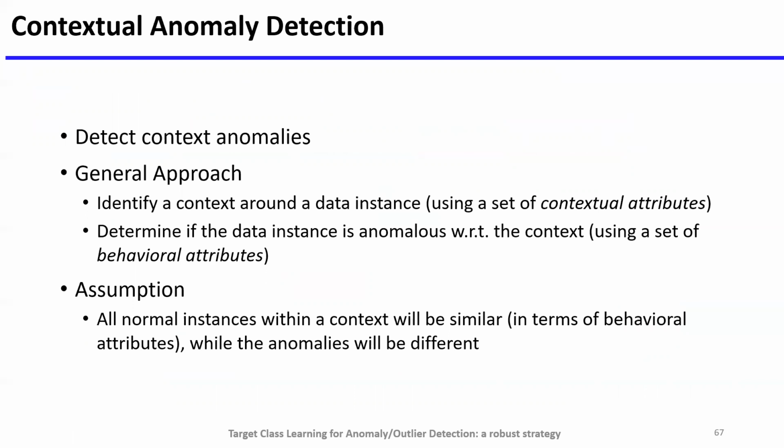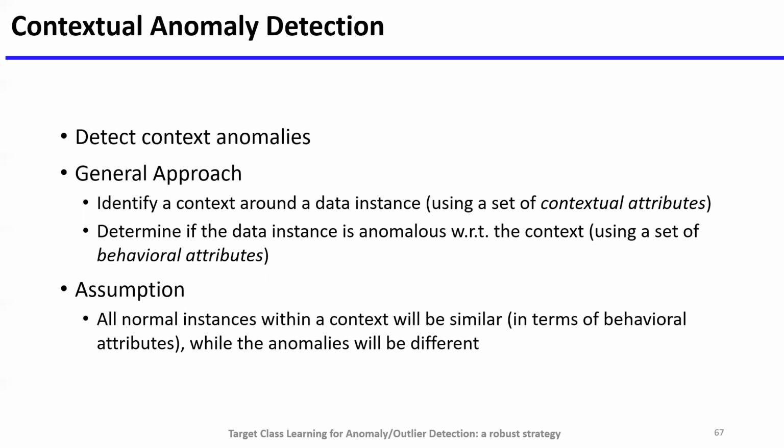So first thing is we need to identify and define the context. As we saw in the previous example, we identified the context as a weather condition, maybe summer or winter, and a temperature value which is too high is normal for the summer season, but if it is too high during the winter season, it becomes abnormal.